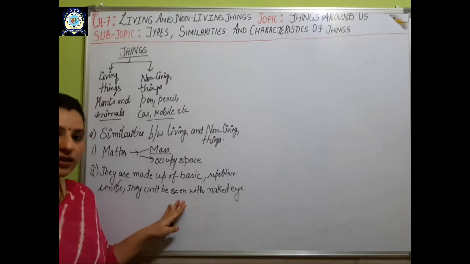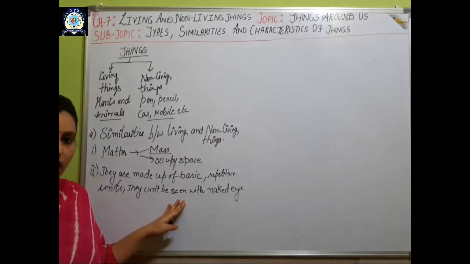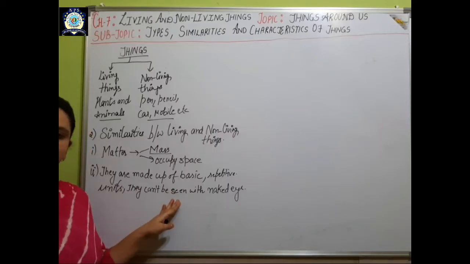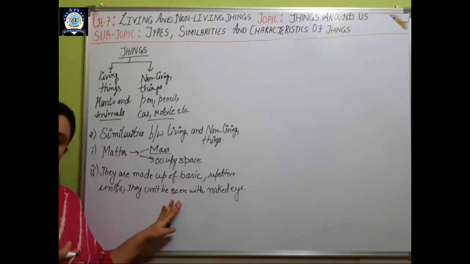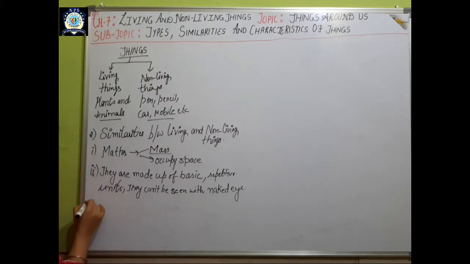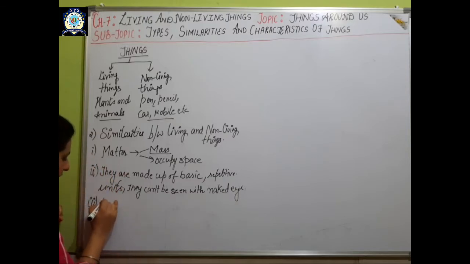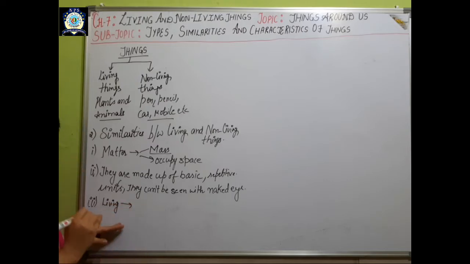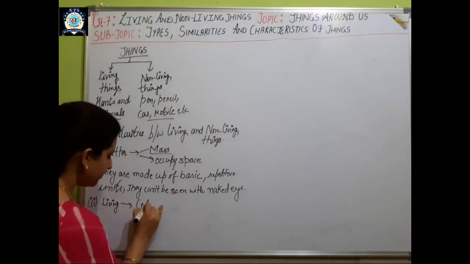It means they require some instrument to see, and mainly we use a microscope to see these units, either of living or non-living things. The third similarity between the living and non-living is that living things are made up of the basic structural and functional unit called the cell.